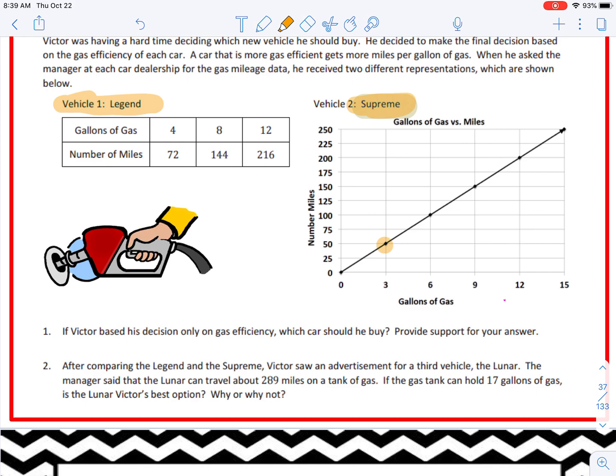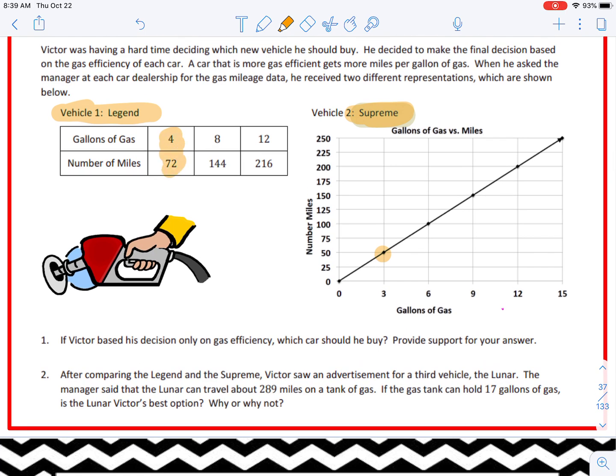So letter A says, if Victor based his decision only on gas efficiency, which car should he buy? Well, we need to figure out how many miles each of those cars get per gallon. So let's look at the Legend.